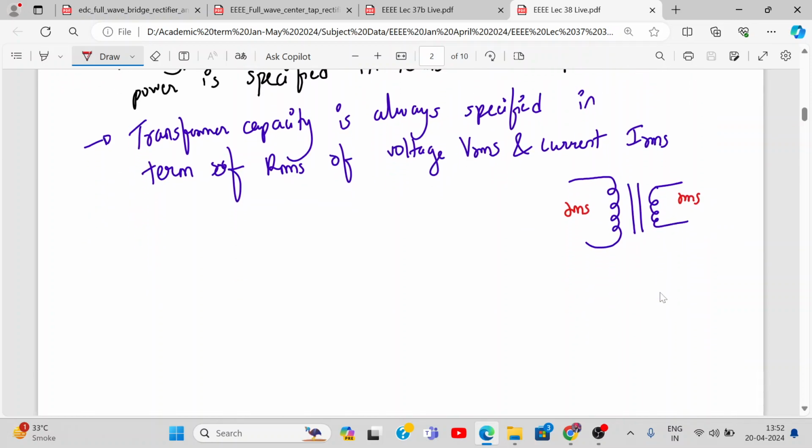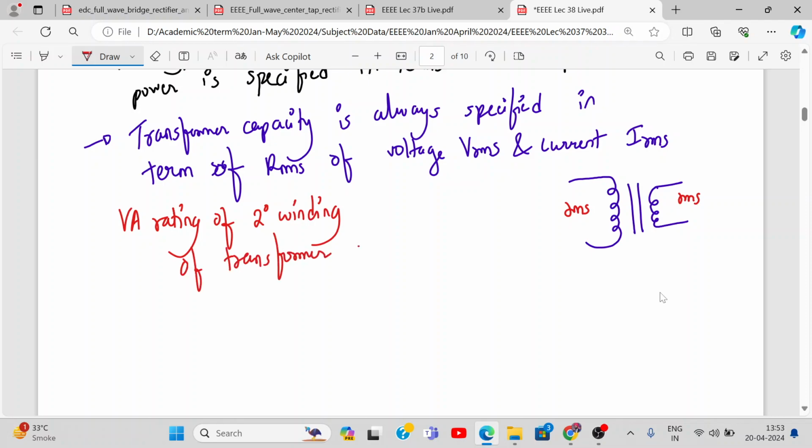Okay, and the product of VRMS and IRMS is the VA rating of the secondary of the transformer. So what is the VA rating of secondary winding of transformer given by? IRMS into VRMS.